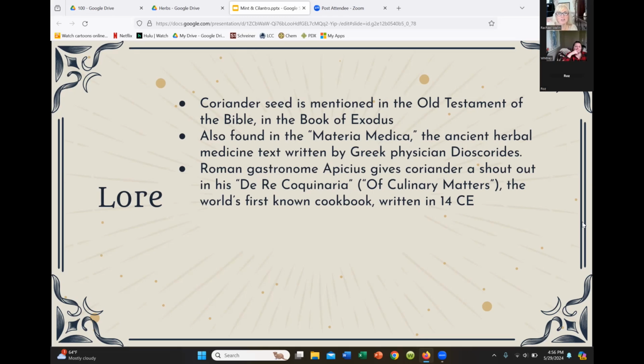It's probably mentioned because there's a whole host of herbs mentioned when they're murmuring against Moses. Moses is leading them, and they have manna that rains down out of heaven and gives them this weird spongy bread that apparently got really dull really quick.